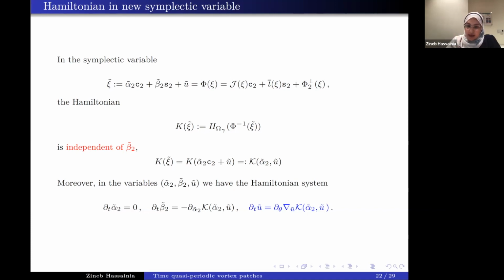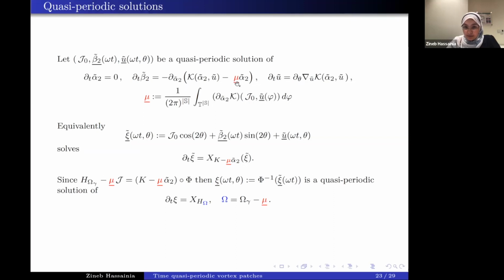So the idea is to subtract the average. And this modification will only affect the alpha 2 tilde direction. But alpha 2 tilde is exactly the angular momentum. So it turns out that this modification is just an adjustment of the angular velocity omega.